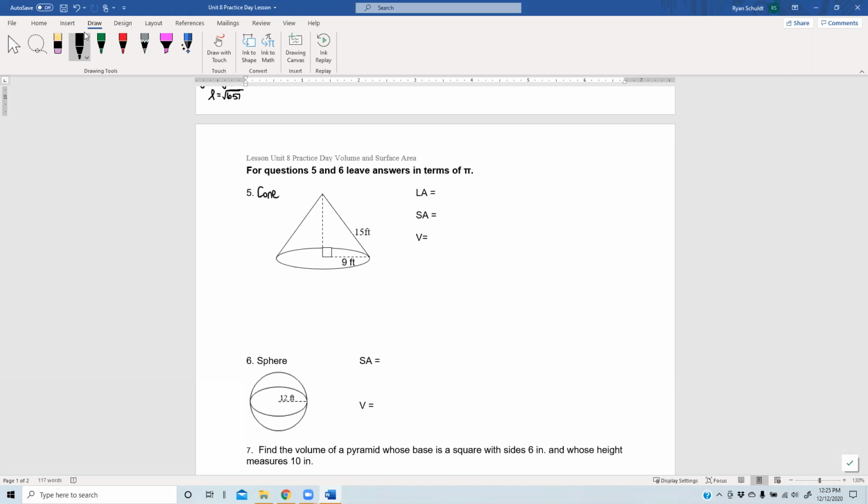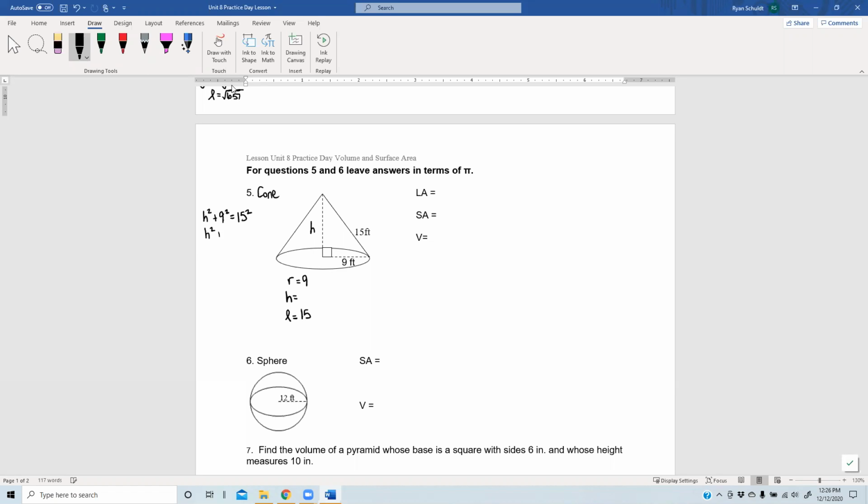So for a cone, we only really need 3 things. We need the radius. So did they give that to us? Yeah, boy. Radius is 9. Did they give us the normal height? Nope. What about the slant height? Slant height's 15. So we have to find the normal height. That's going to be 8 squared plus 9 squared equals 15 squared.